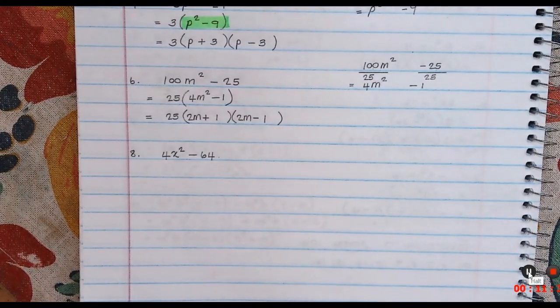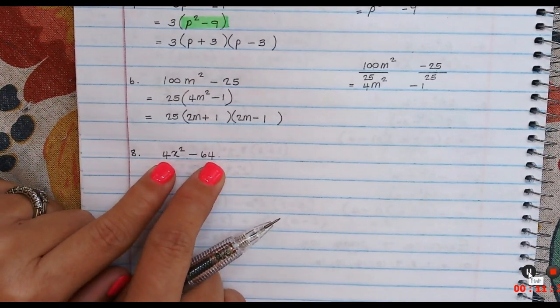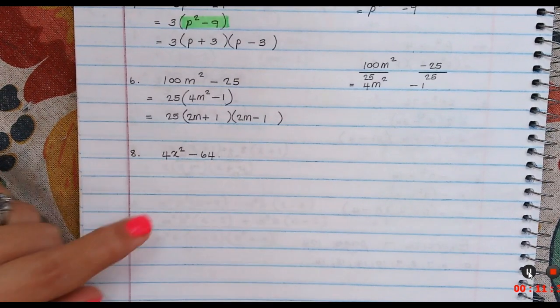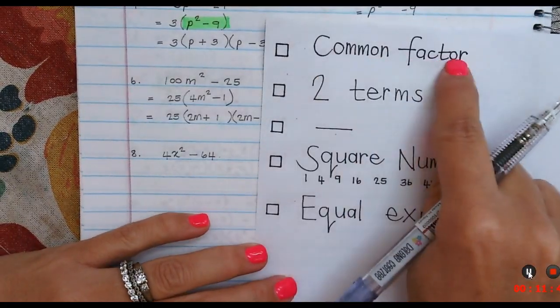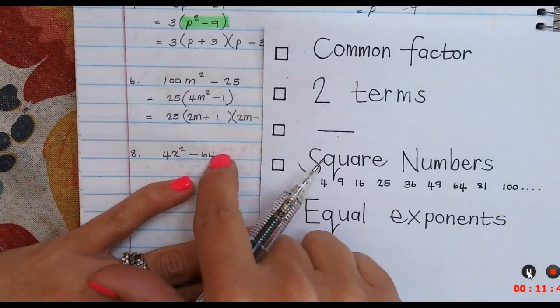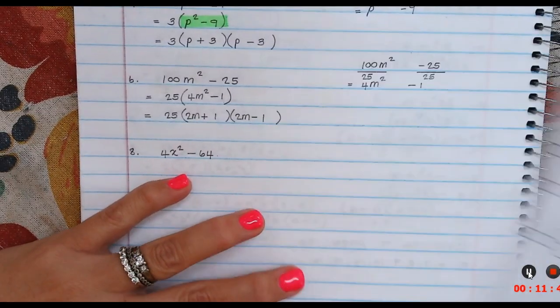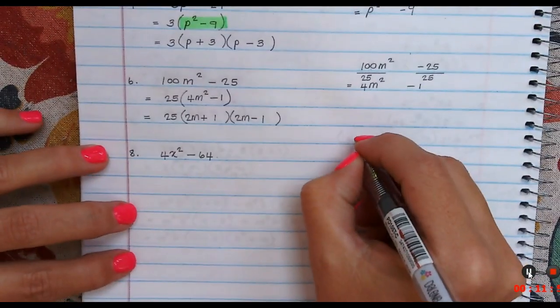Right, let's look at number 8. So again, you can fall into the trap because 4 and 64 are both square numbers. But check boxes again. First check box is common factor. So between 4 and 64, I can again divide with the highest common factor.